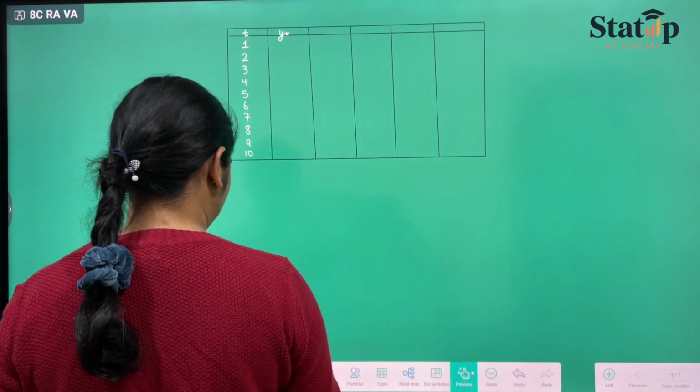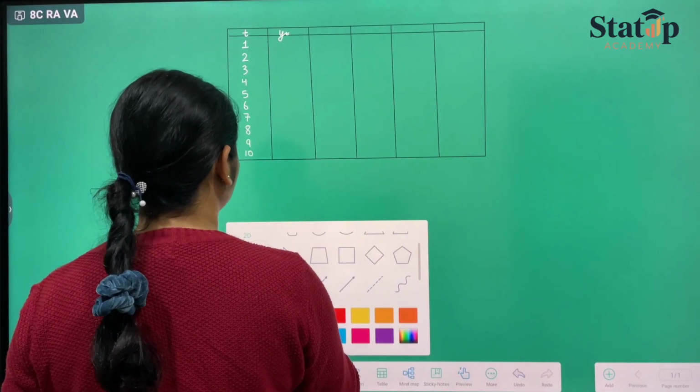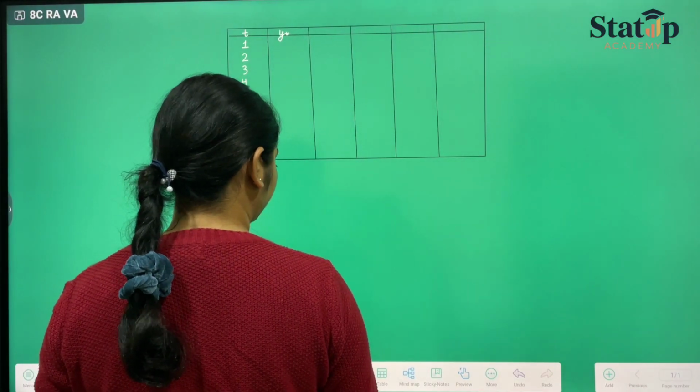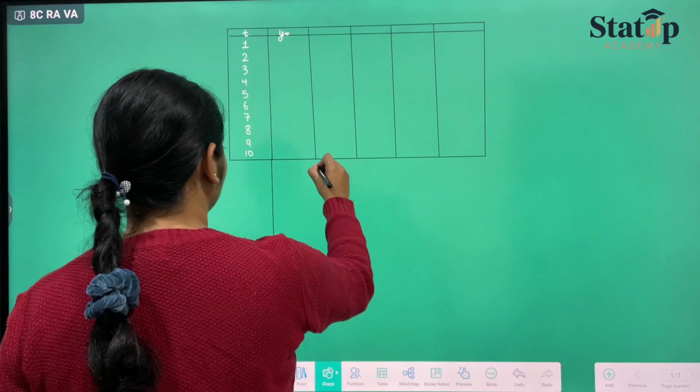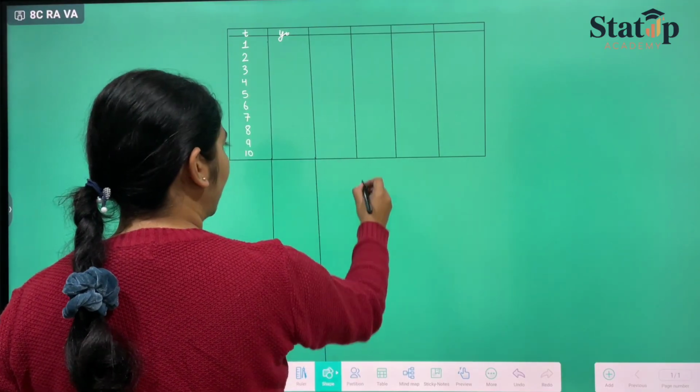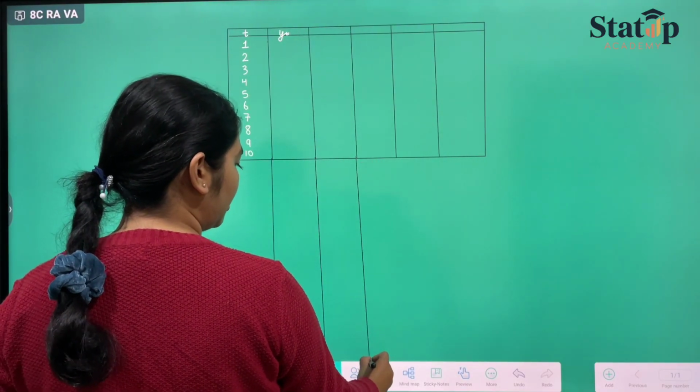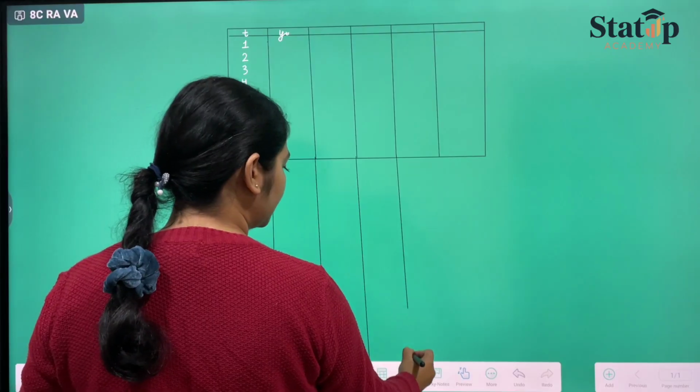If we make the same table below this for 25 units, I have taken a smaller table. Hope it is clear on the screen.